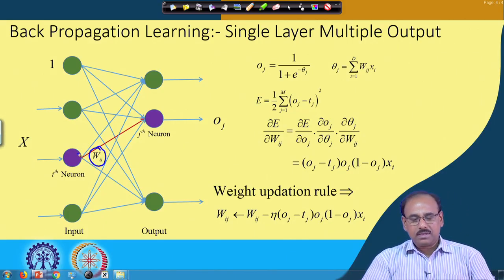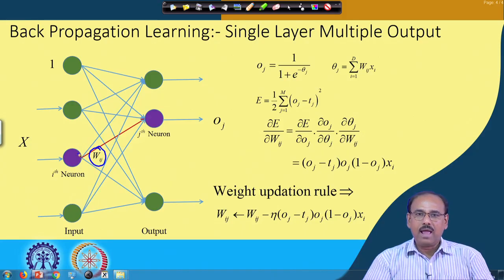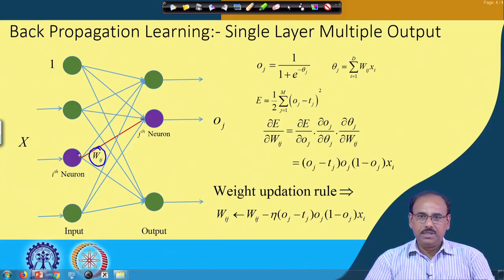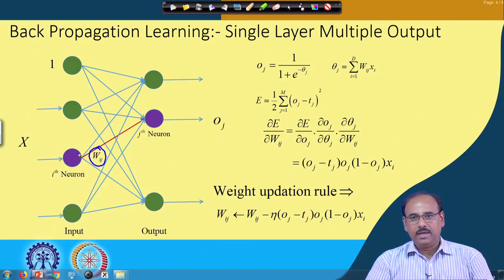Training in this case means finding the optimal values of w_ij for all values of i and j. As I vary the index i, I am considering different neurons at the input layer, and as I vary the index j, I am considering connections to all neurons in the output layer.